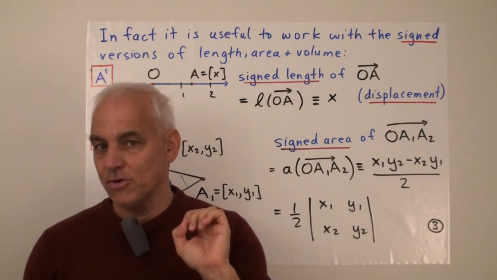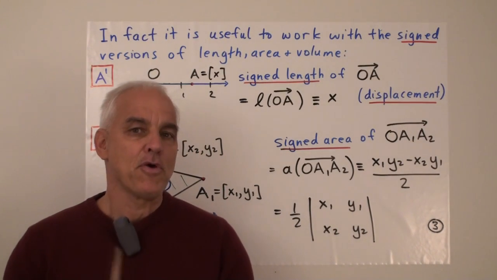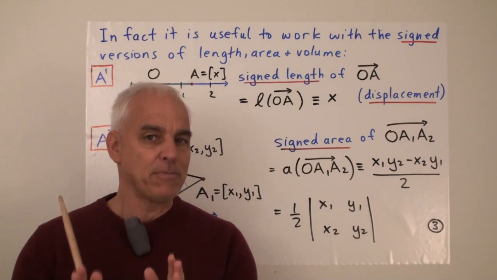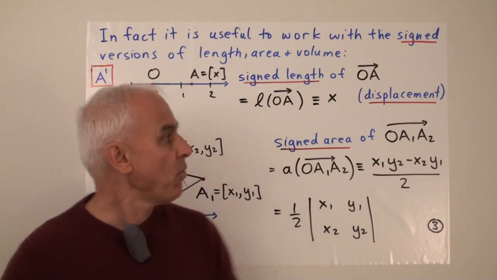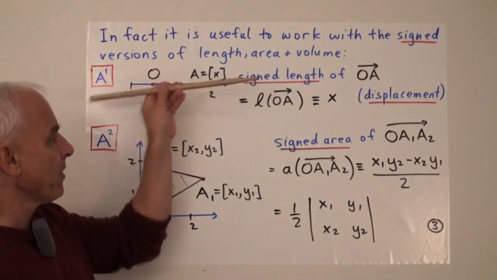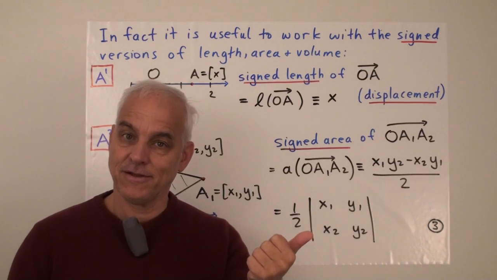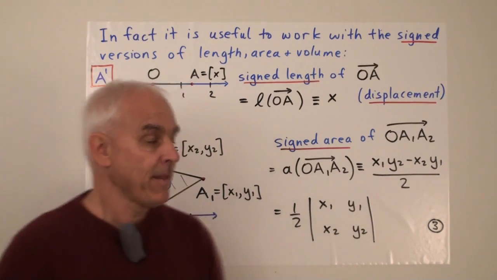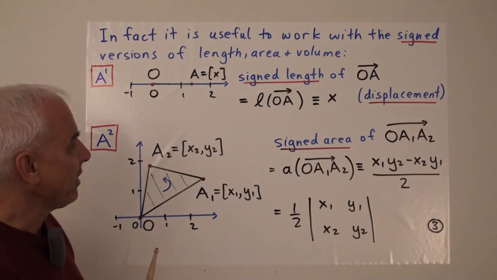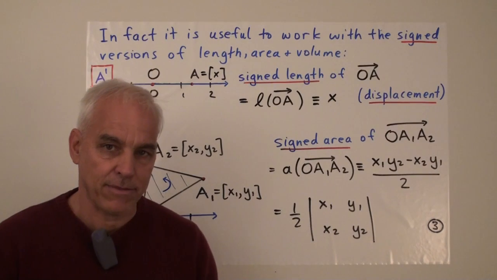Alright, so now when it comes to actually measuring in our various spaces, there were different options that we looked at when we first started talking about that. So in the one-dimensional situation, we talked about the options of considering lengths, or displacements, or quadrances. Let's have a look at what we call displacement, which we might also call signed length.